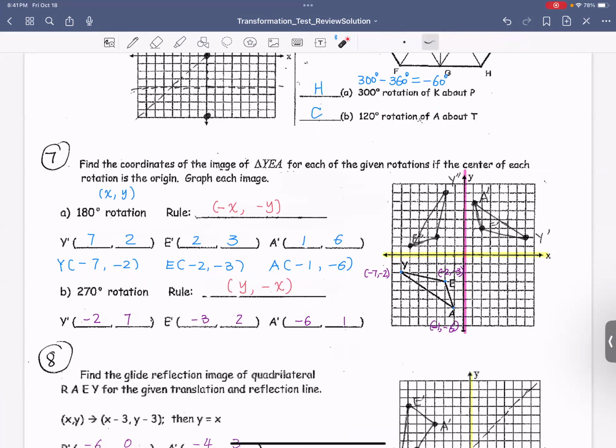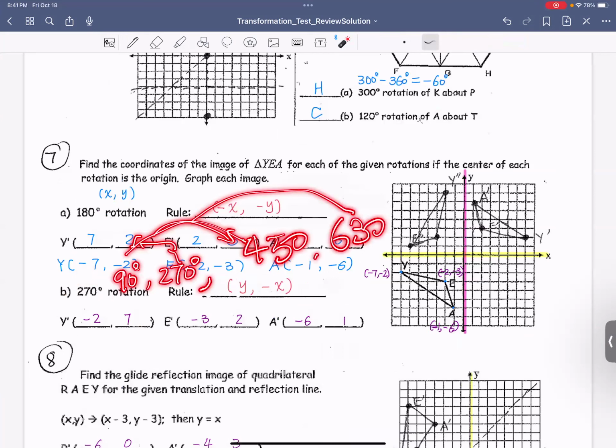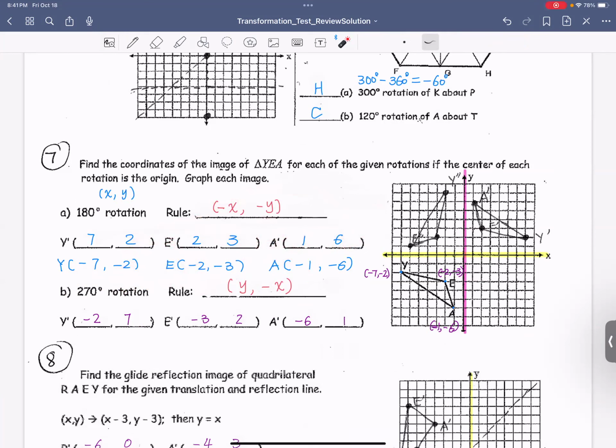No matter what, if you have odd multiples of 90 degrees, for example, you rotate 90 degrees, or 270 degrees, or 450 degrees, times 1, times 3, times 5, times 7, you want to switch xy to be yx.